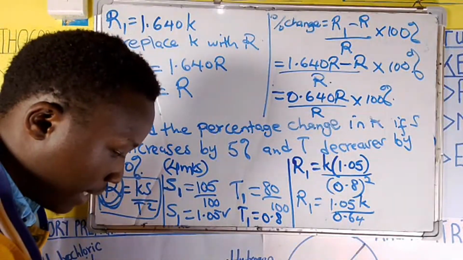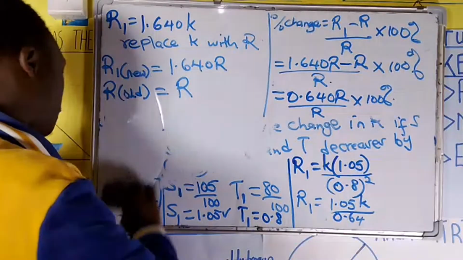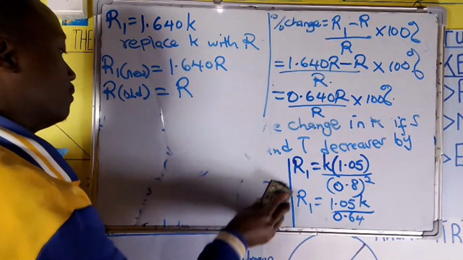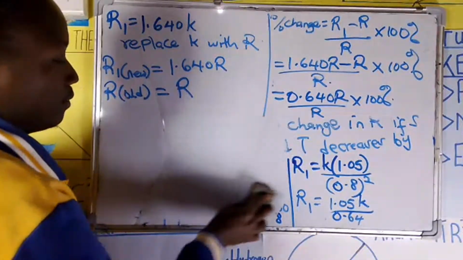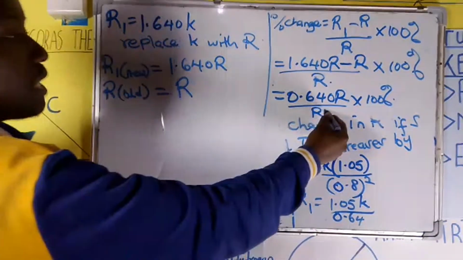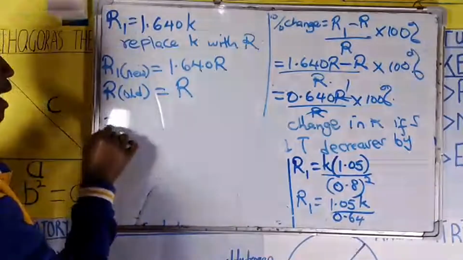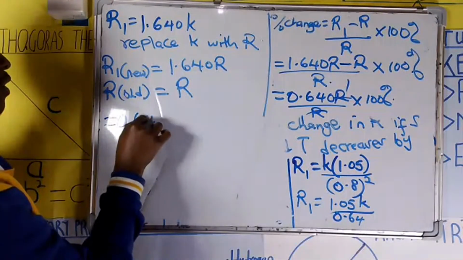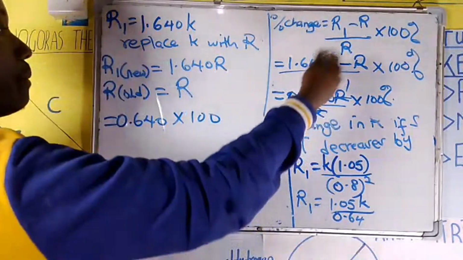So we want to know the percentage change. So we can circle this part here. And when we circle this part, this R is going to cancel with this R. And once they cancel, we will have 0.640 times 100, because this cancels by 1 by 1.